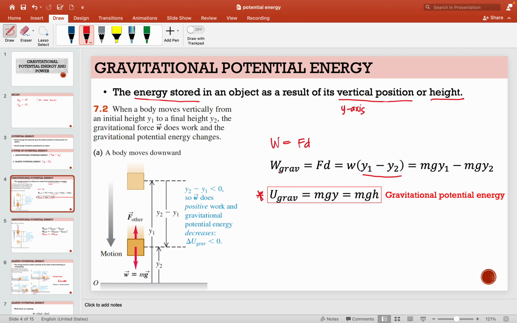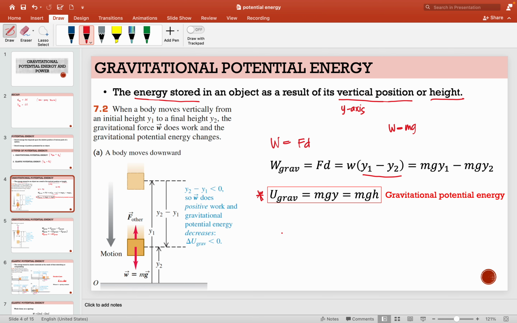So the work done by the gravitational potential energy on the box is mass times gravity, because weight is equal to mass times gravity. So we have mass times gravity times y sub 1 minus mass times gravity times y sub 2.